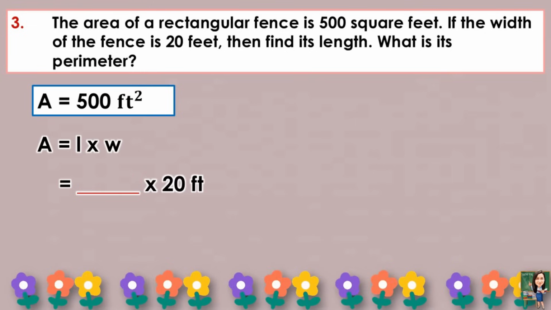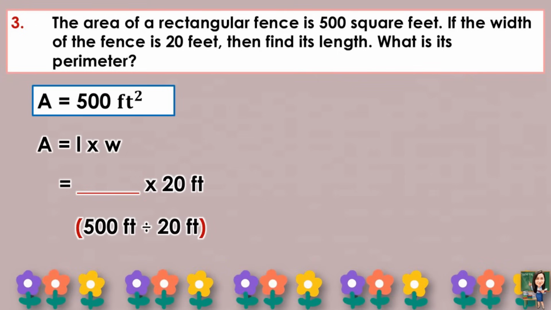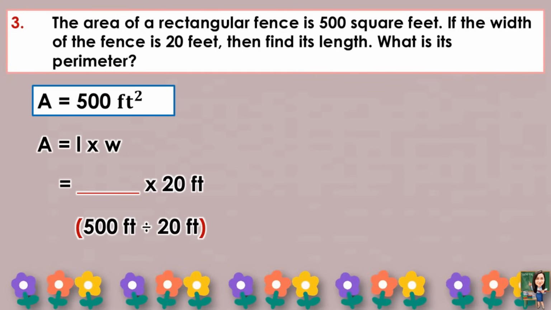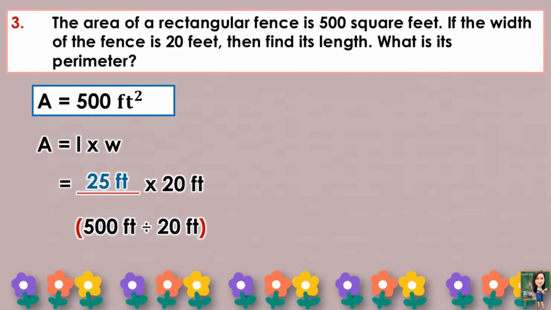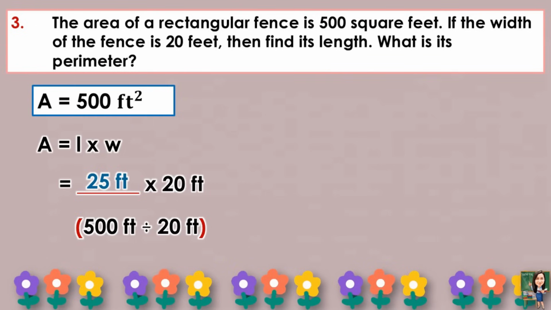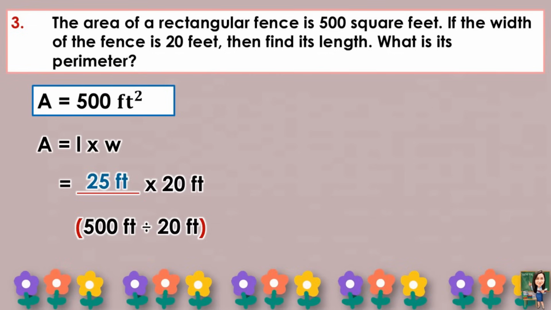So the width is 20 feet. To get the length, you have to divide 500 feet to 20 feet. 20 feet is the width. 500 divided by 20 equals 25 feet. So the length of the rectangular fence is 25 feet. Then multiply to 20 feet. That's why the area is 500 square feet.